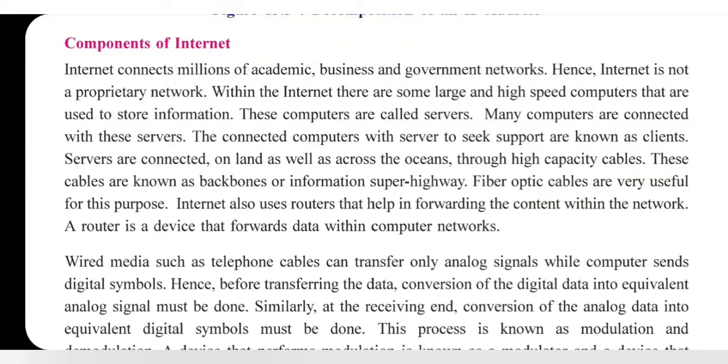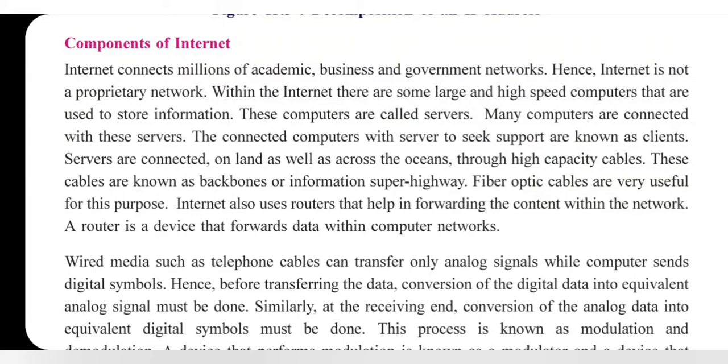For data transmission, fiber optic cables are very useful. The internet also uses routers, which help in forwarding content within the network. Basically, routers are useful to manage the consistency of the data.